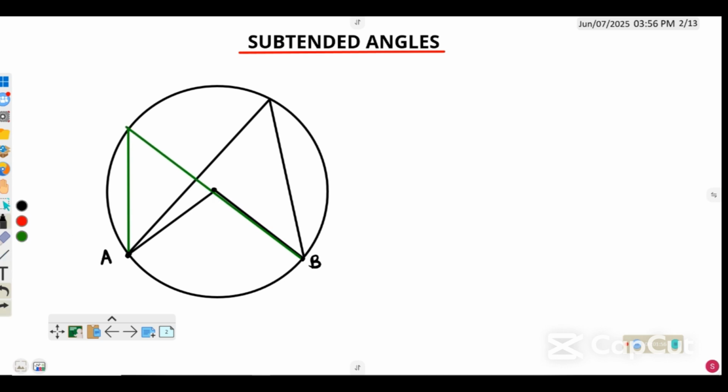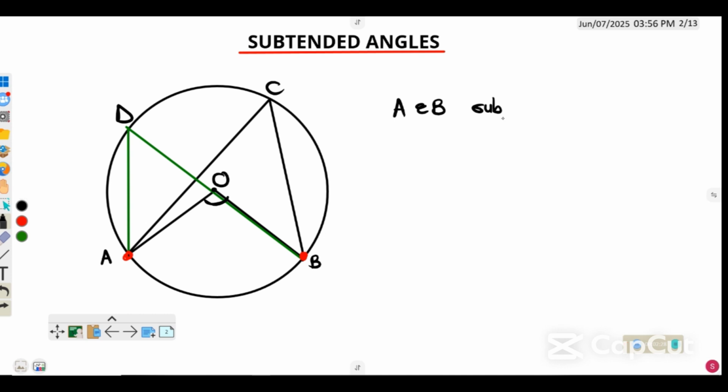Let's call this one angle C, angle D. Let's call this one O, this whole angle O. So A and B subtend, or create. How you do this is you try to trace back. So your initial points are A and B. You trace where the line from A goes, where it meets the line from B. So they create, or they subtend.